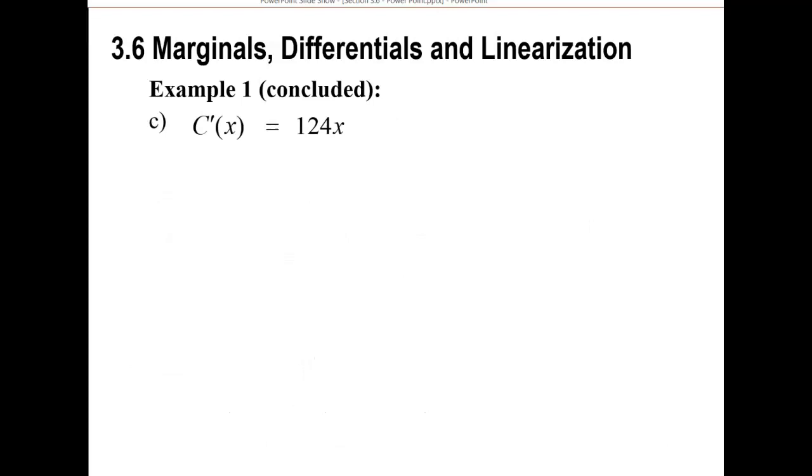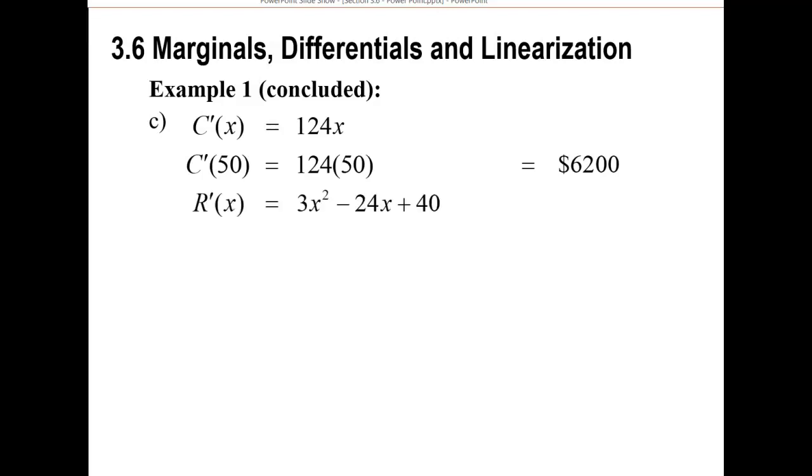All right, C prime is the first derivative of cost. C prime of 50, 6,200. So the cost of producing the 51st item is $6,200. Revenue, R prime, marginal revenue. This is the derivative of the revenue function. Evaluating it at 50, $63,040.